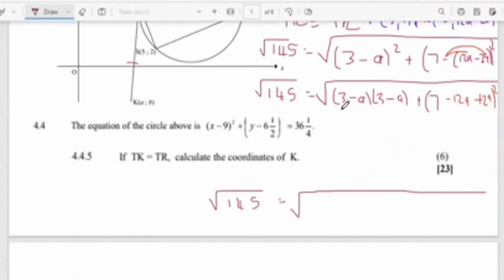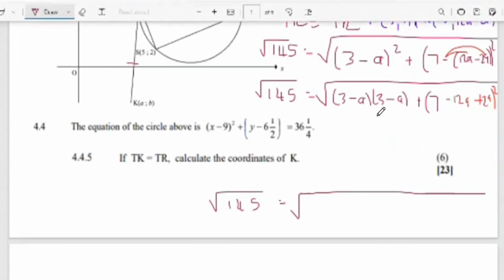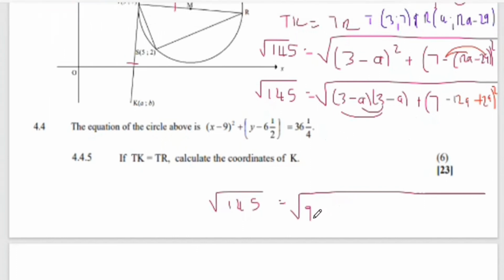So for the 3 minus a times 3 minus a, we will first multiply our 3's. 3 times 3 will give me 9. We will then multiply the minus a and the 3, which will give me minus 3a. We will then multiply our minus a and our minus a, which will give us plus a squared.